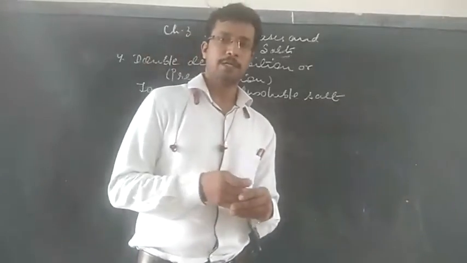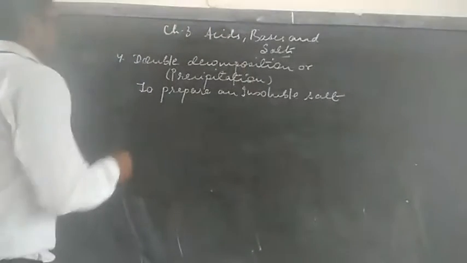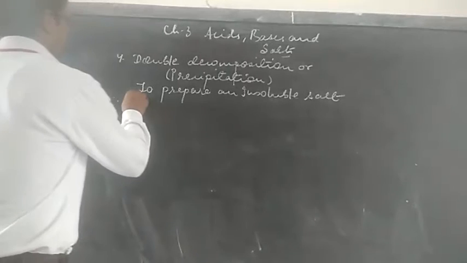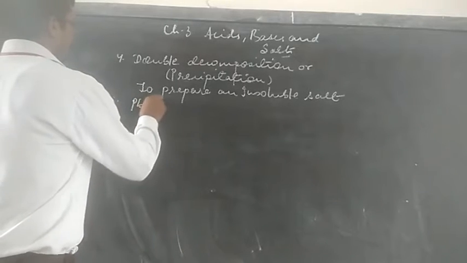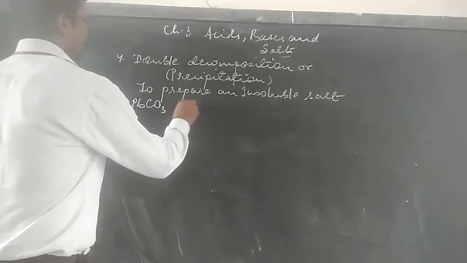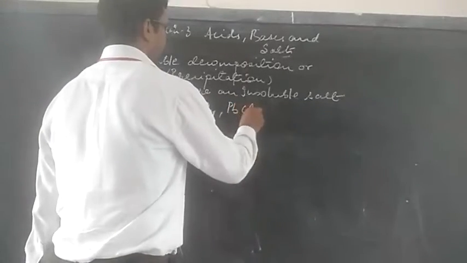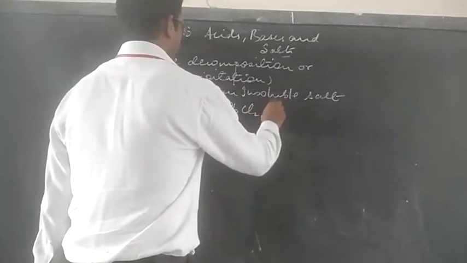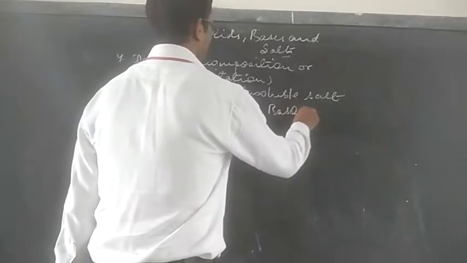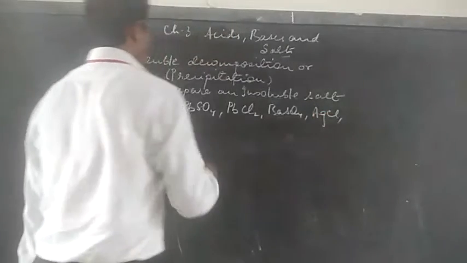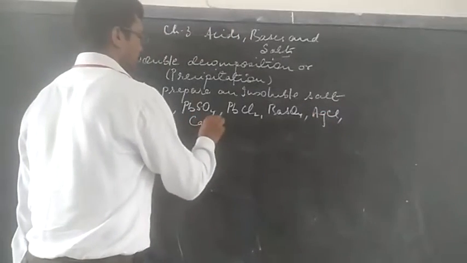Let us try to understand. We can take some examples first. Examples like lead carbonate, lead sulfate, lead chloride, barium sulfate, silver chloride, calcium carbonate.